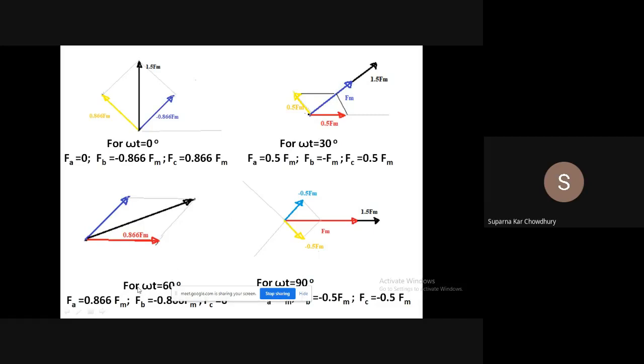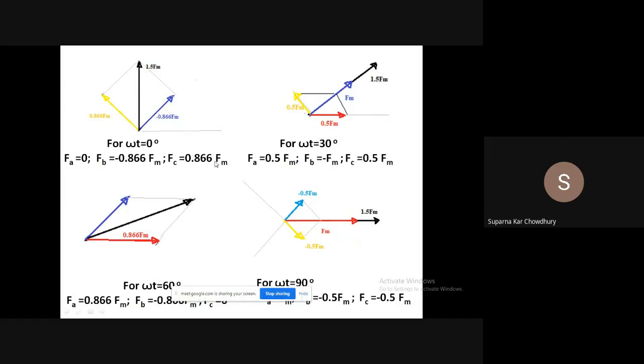Now, for omega t equal to 60 degrees, similarly, we have FA equal to 0.866 FM, FB equal to minus 0.866 FM, and FC is 0. Again, the addition will give you 1.5 FM.